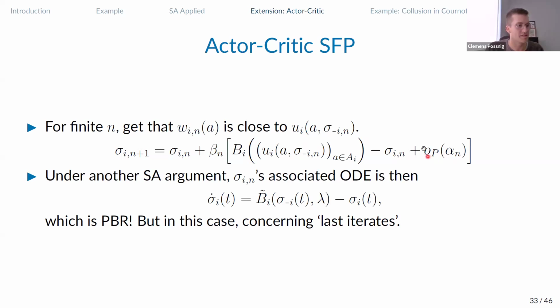So all we're doing here is we're introducing a new error term, and this error term is going to average out just like the martingale difference error that we had before in our stochastic approximation proof. And that means that just applying stochastic approximation again, we end up with the associated ODE for the actor as exactly the one that we had for stochastic fictitious play, only that now we're looking at policy profiles and not empirical action frequencies.